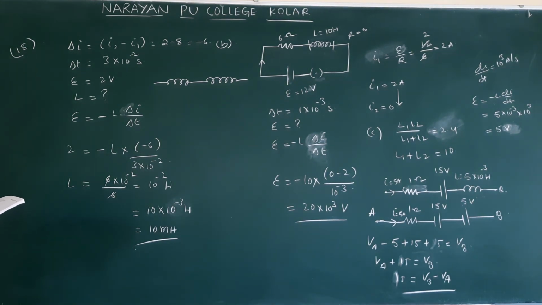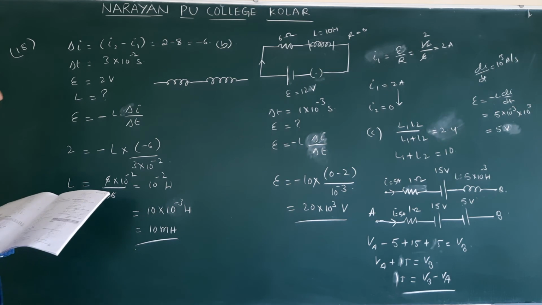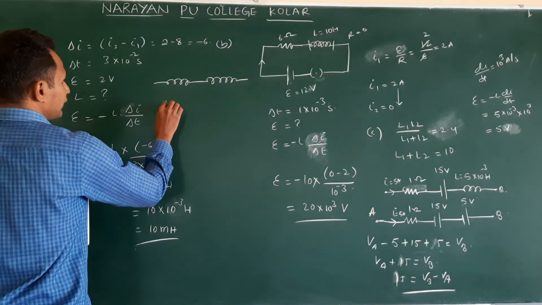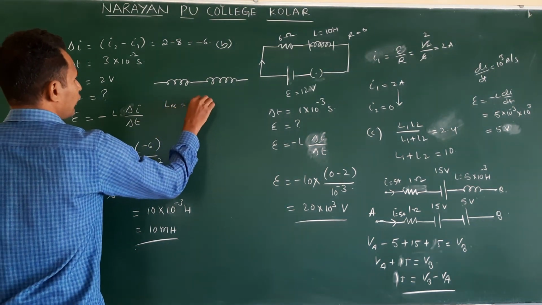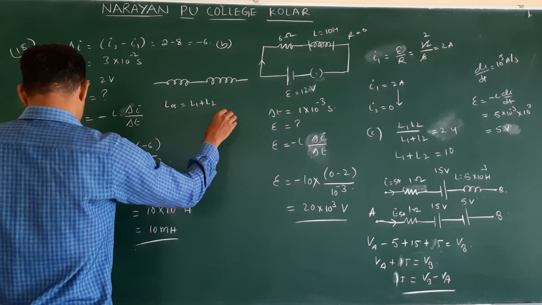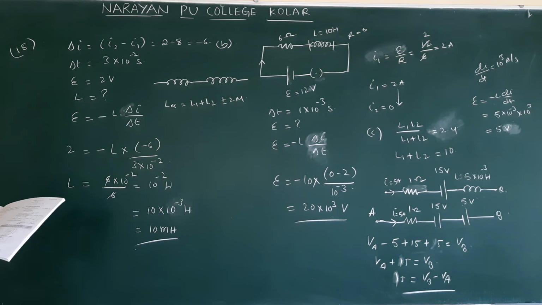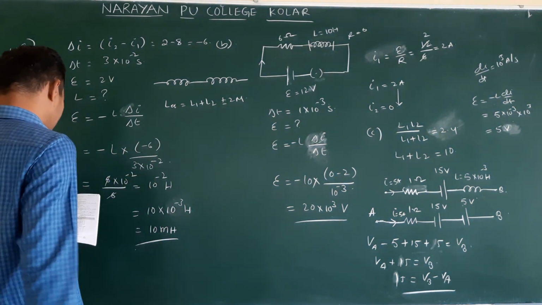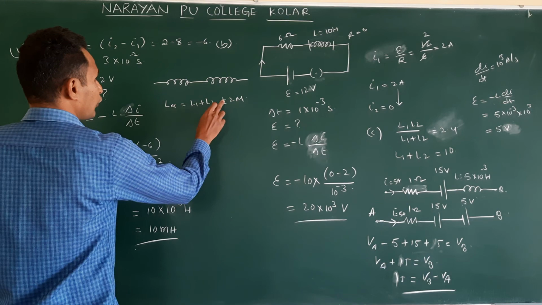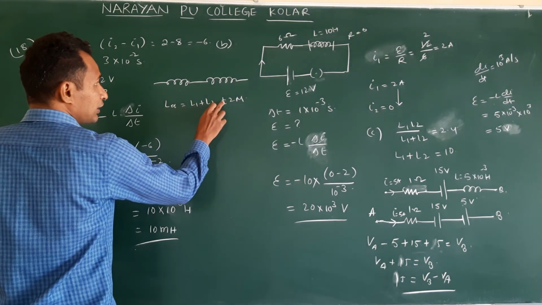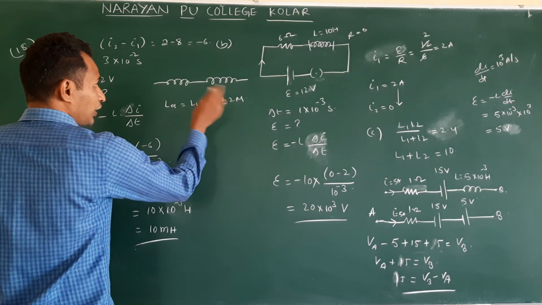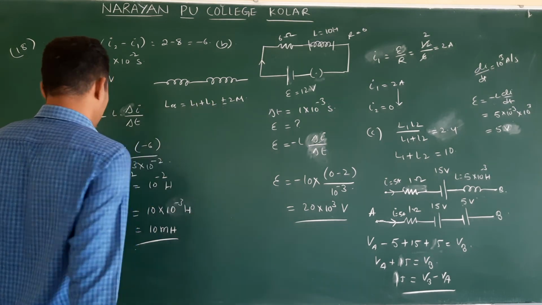Clear? Okay. In that case, how do we write L equivalent? L equivalent is equal to L1 plus L2, and next plus or minus 2M. If the current in the coils is in the same direction it will be plus. If the current is reversed, minus.